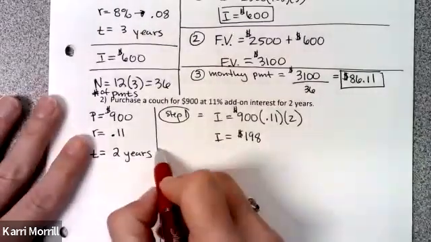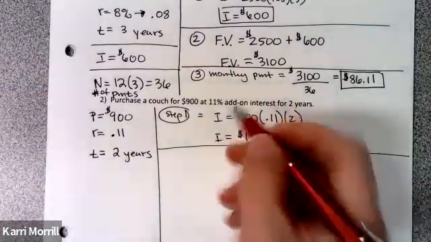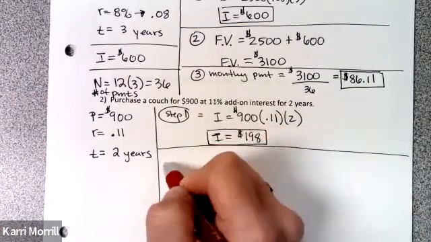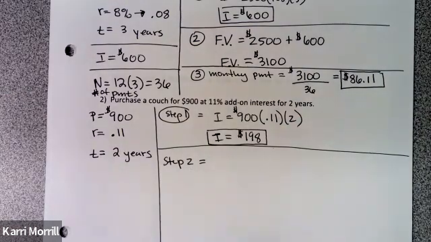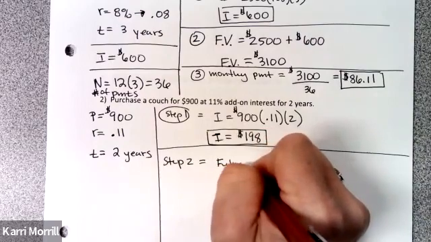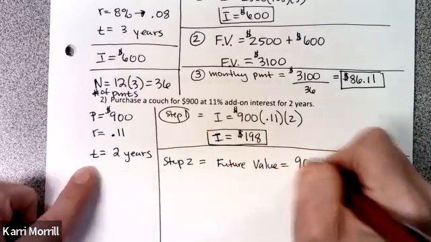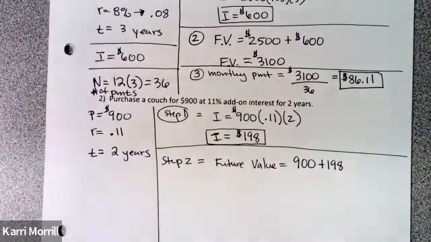So we find that, to be able to find the actual monthly payment, they ask you to find the interest, which we did. This is one of our answers. But to be able to find the monthly payment, we have to find future value. I'm going to take the amount of the initial loan and add the interest amount to it.